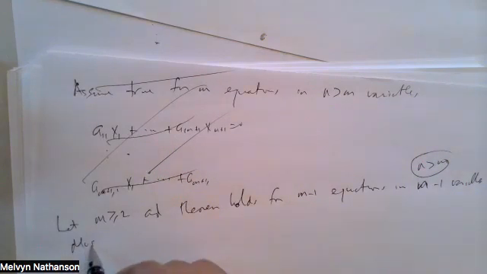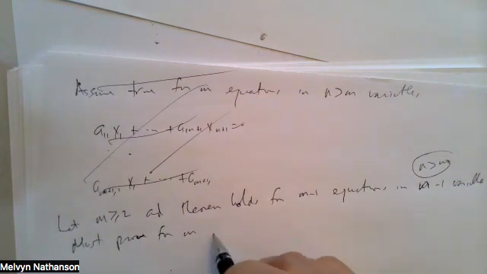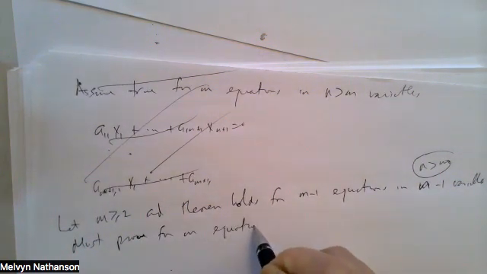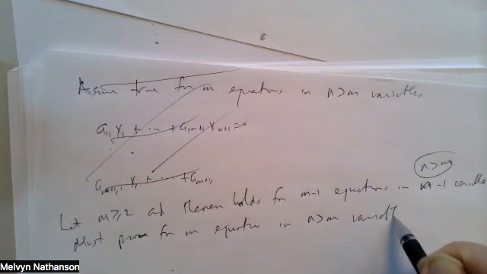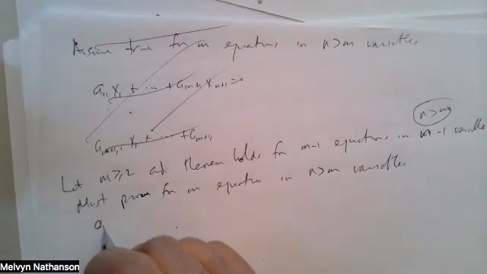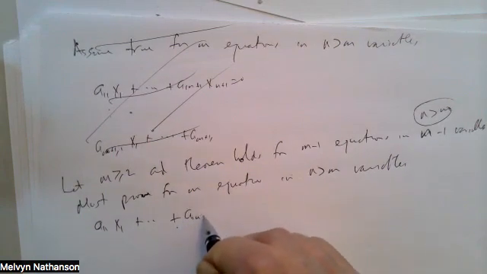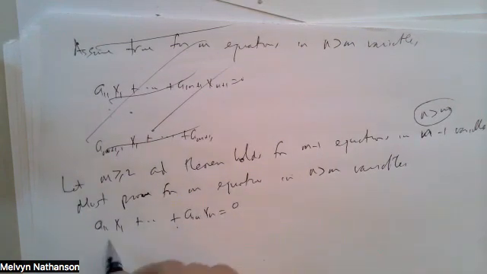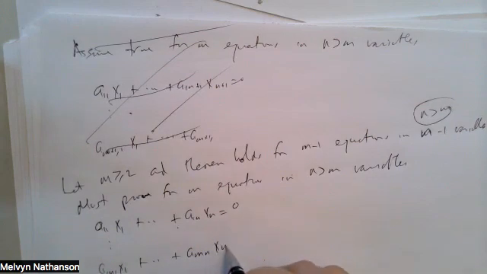Must prove for m equations in n greater than m variables. So we have our system A11x1 plus up to A1n xn equals 0, down to Am1 x1 plus up to Amn xn equals 0.